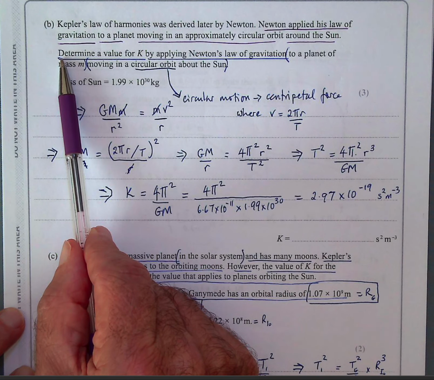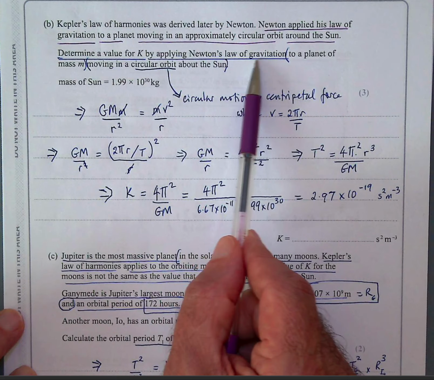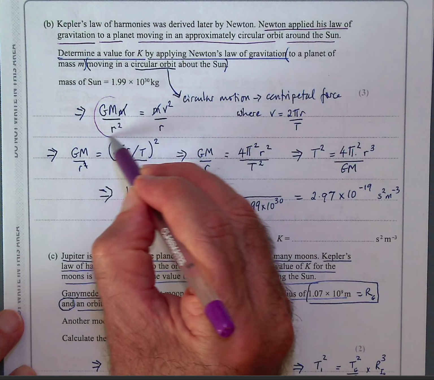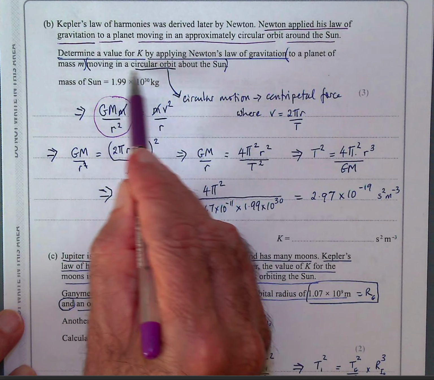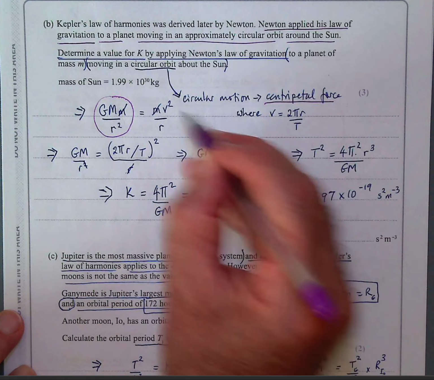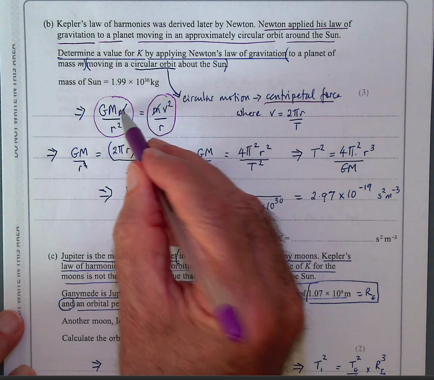If we use this theory that there is circular motion, determine a value for k by applying Newton's law of gravitation, which is F equals GMm over r squared, to a planet m moving in a circular orbit. Circular motion means there must be a centripetal force, and the centripetal force is mv squared over r. The m is common, so you can get rid of them.